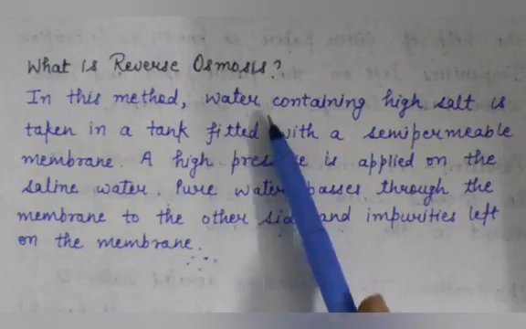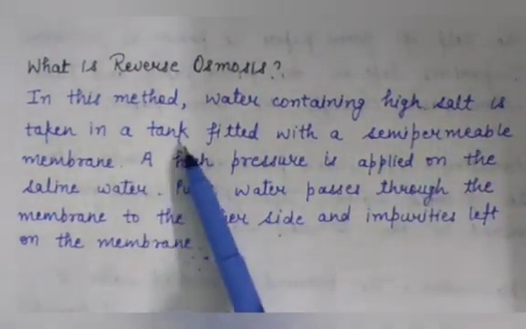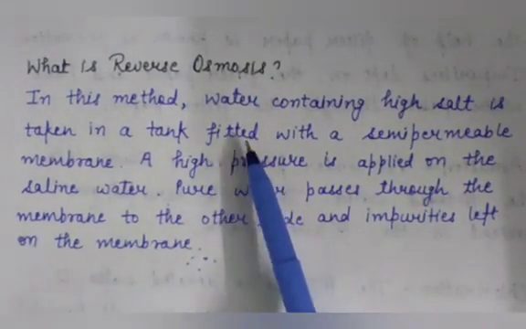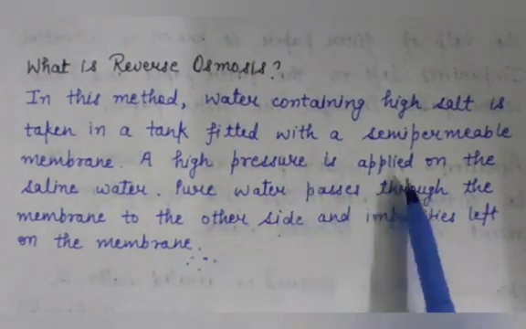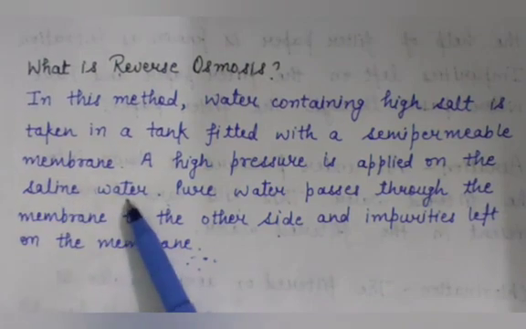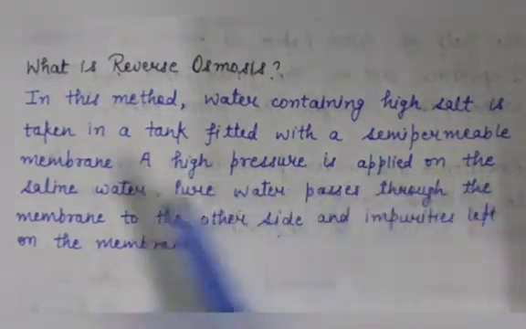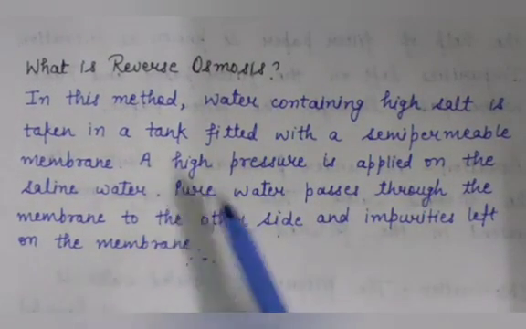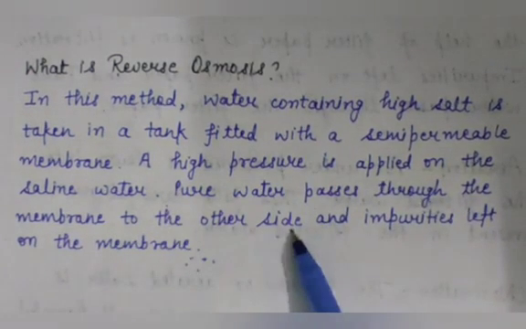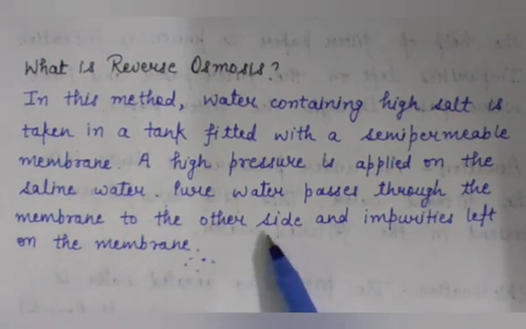So, in this method, water containing high salt is taken in a tank in which a semi-permeable membrane is fitted. After that, a high pressure is applied on the saline water. Saline water means salty water, which you have taken in the tank. Then pure water passes through the membrane to the other side, but the membrane will not allow the impurities to pass over it.